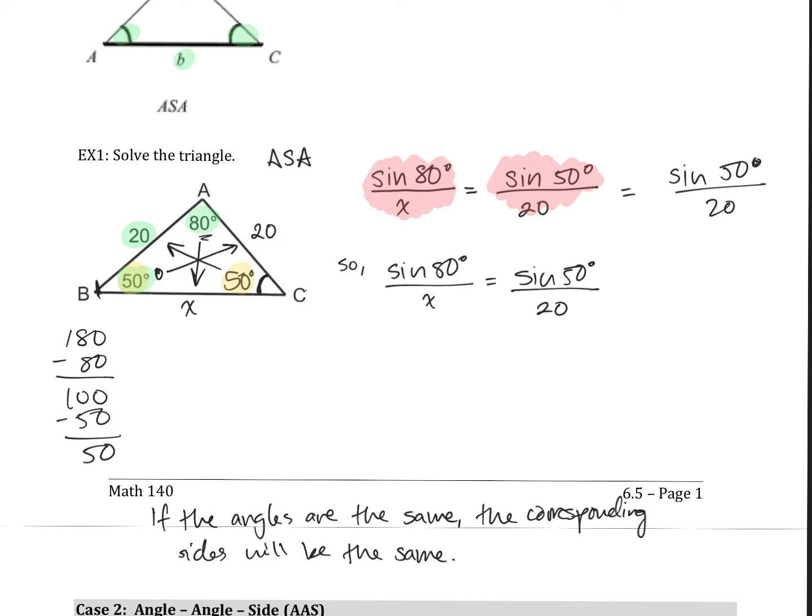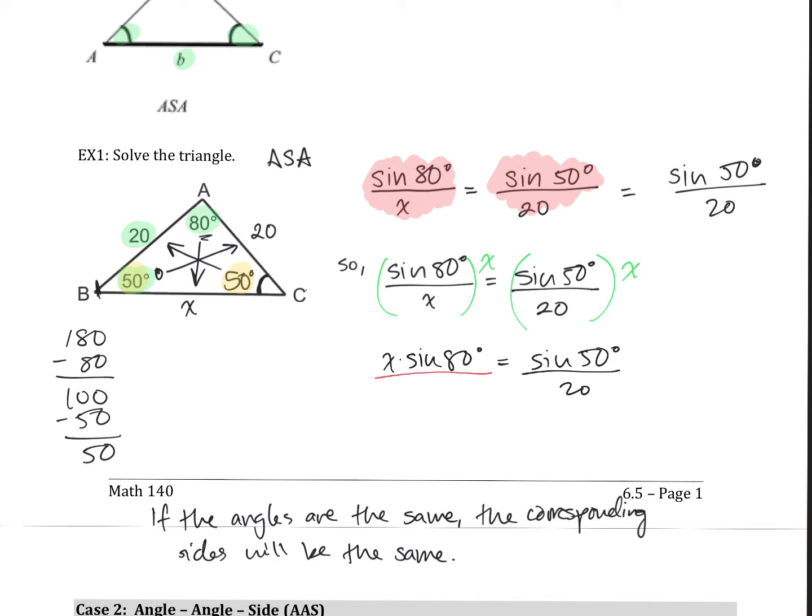So once again, we did create an equation using the law of sines. Solving, let's go ahead and multiply both sides by x. And then we get x times sine of 80 degrees is going to equal sine of 50 degrees divided by 20.